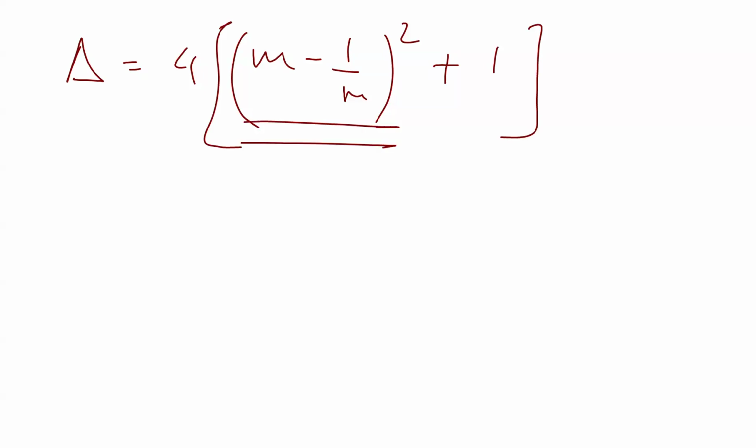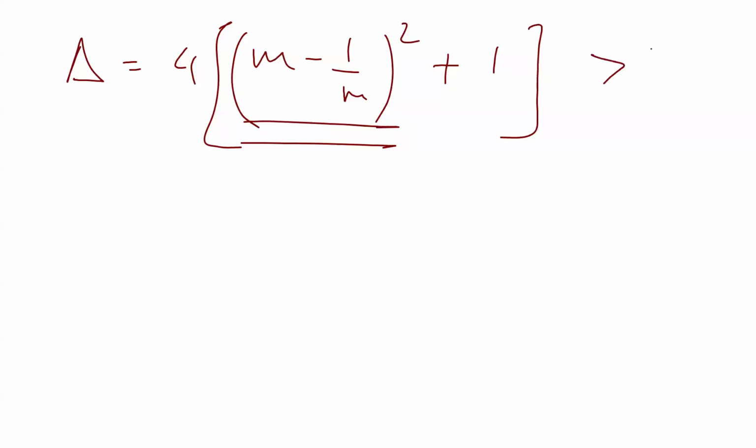So the square of any negative or positive number will be positive only. Now m is non-zero, it's given in the problem. M cannot be 0. So m can take up any real value. Any real value square will be positive only. M is any non-zero real value.